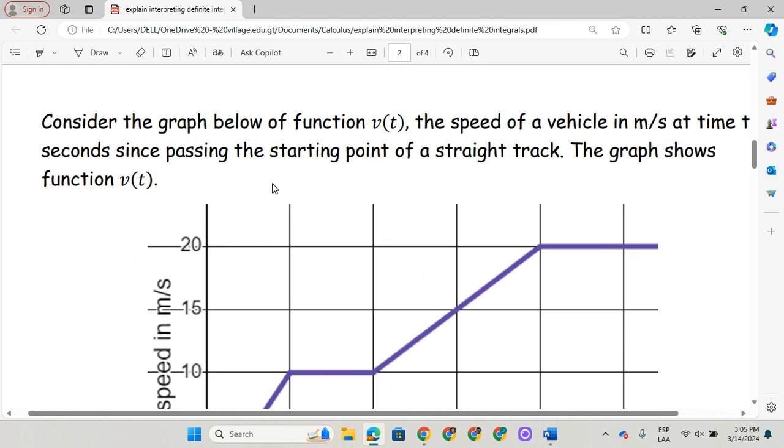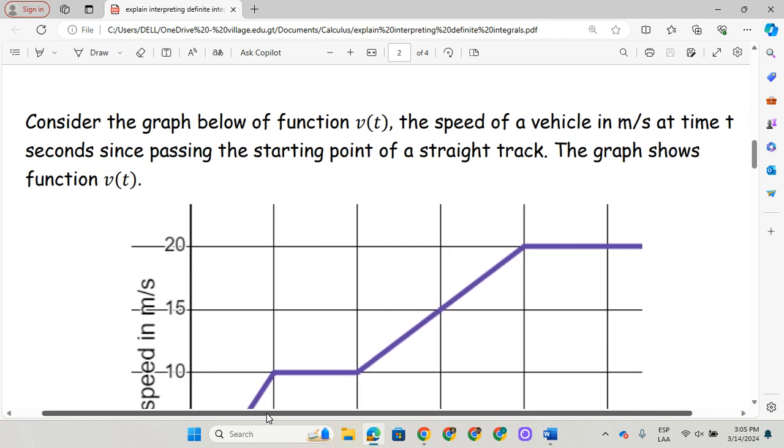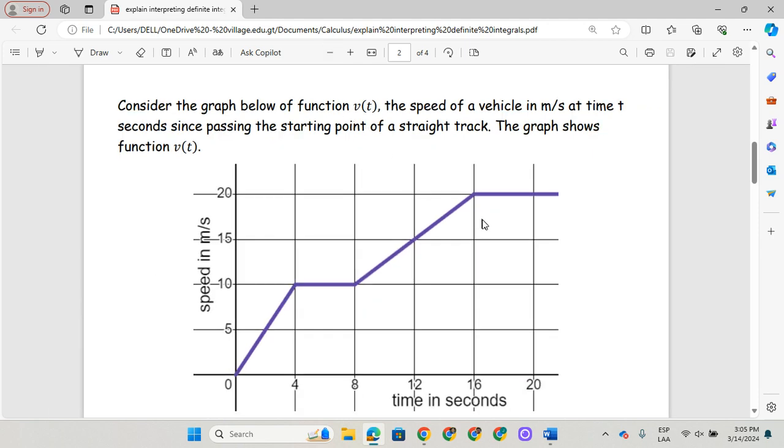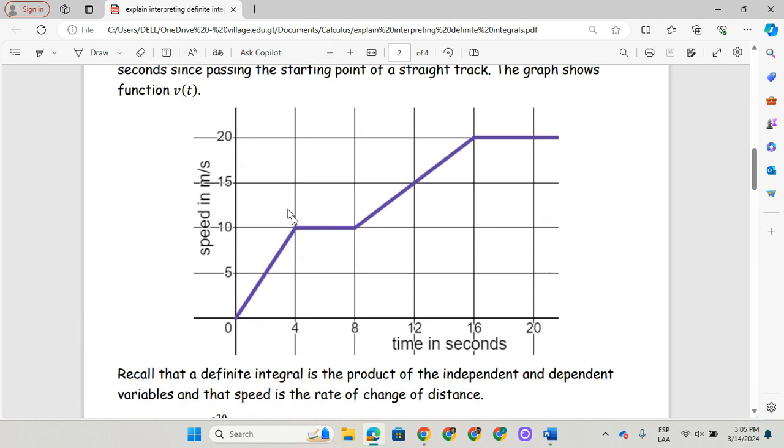Consider the graph below of function v of t. The speed of a vehicle in meters per second at time t seconds since passing the starting point of a straight track. The graph shows function v of t. I'm going to zoom out so that we can see the function. Okay, so there's the function. This is v of t, right?